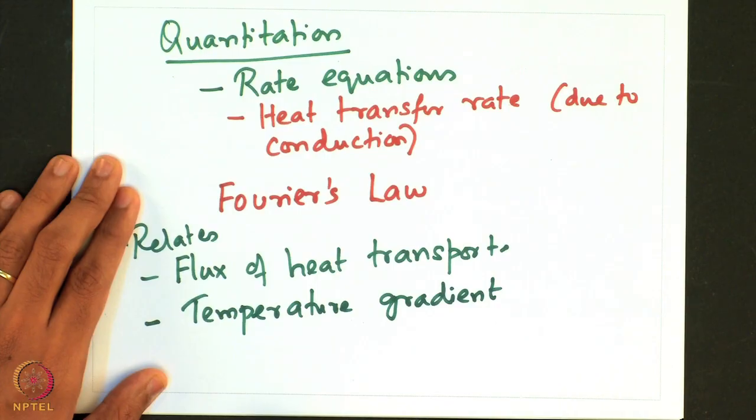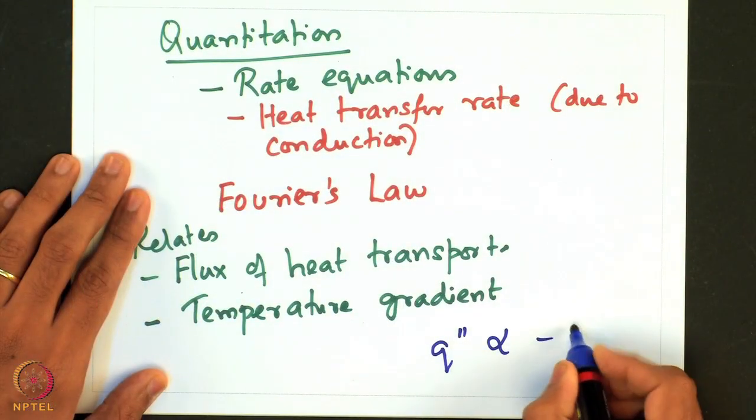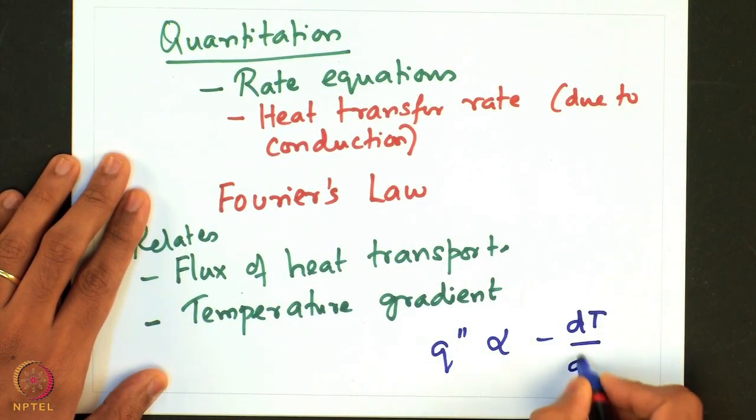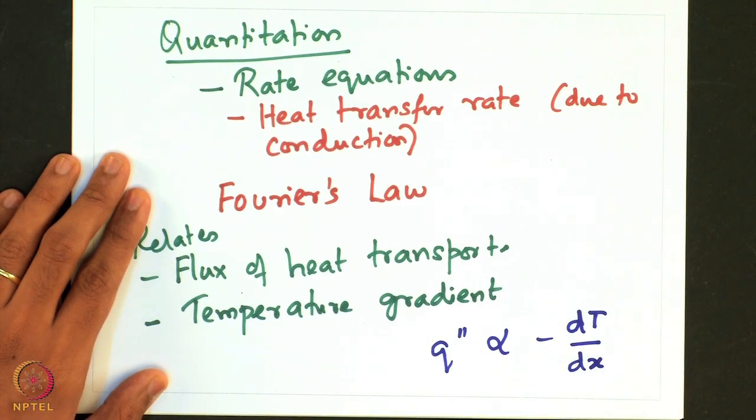Because the heat transport is occurring in the direction of decreasing temperature, Fourier's law states that the flux of heat transport is proportional to the negative temperature gradient.